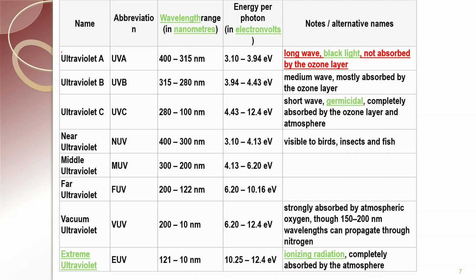Here UVA, this is the range we have discussed, the wavelength 315 to 400 nanometer, energy is 3.1 to 3.94 electron volt. So, these are the long black light and it is not absorbed by the ozone layer. So, we should be worried about this wavelength UVA.